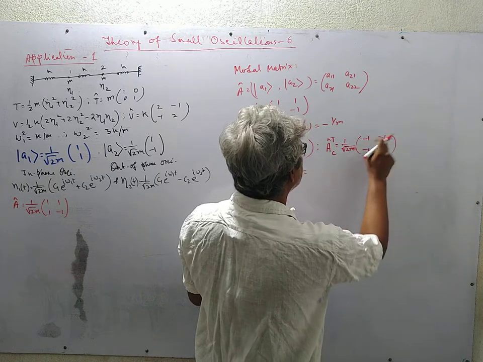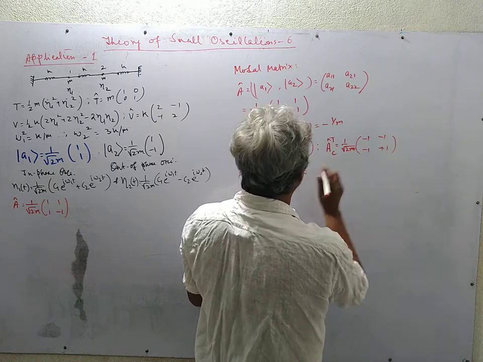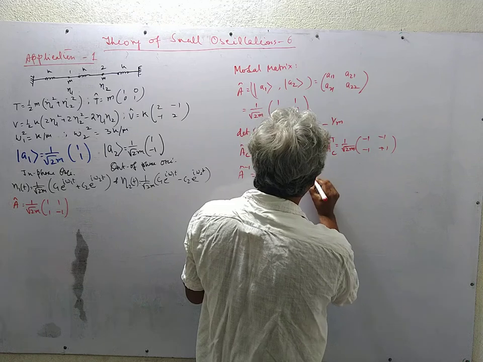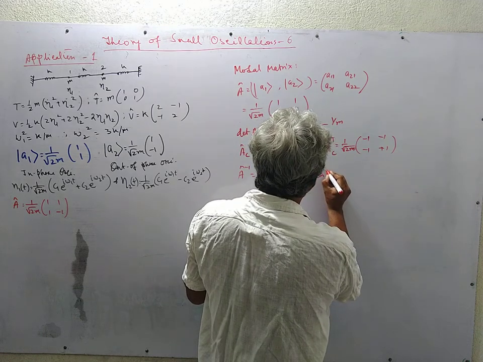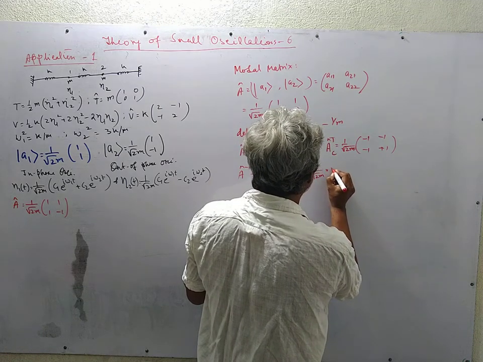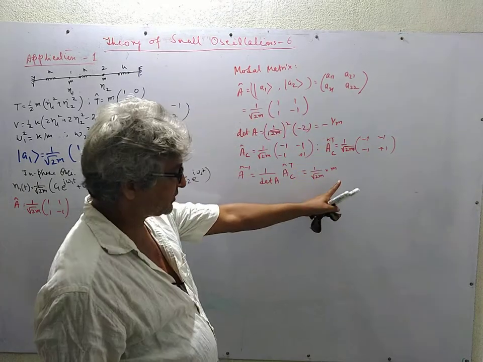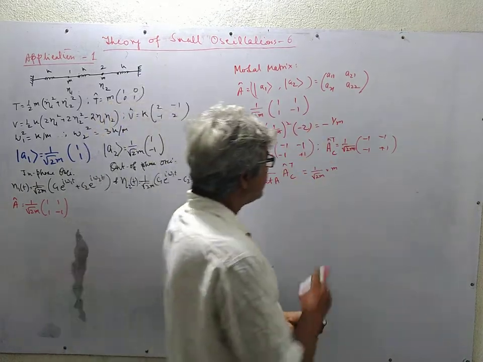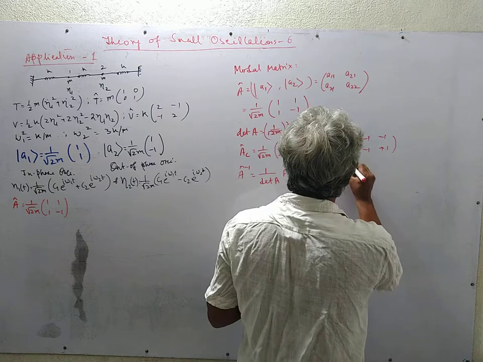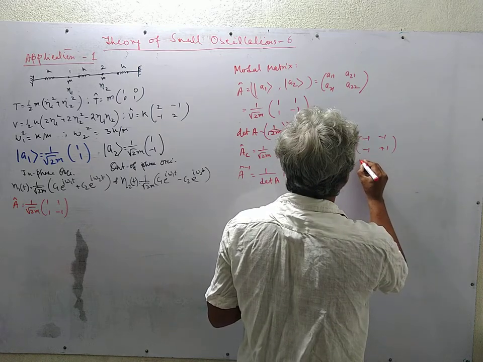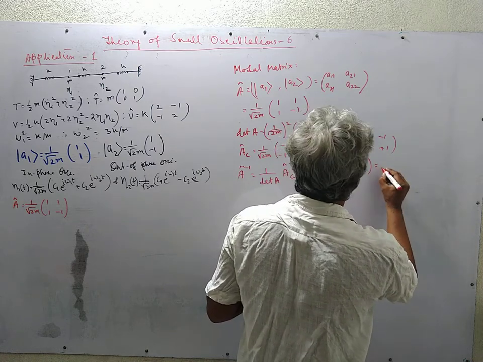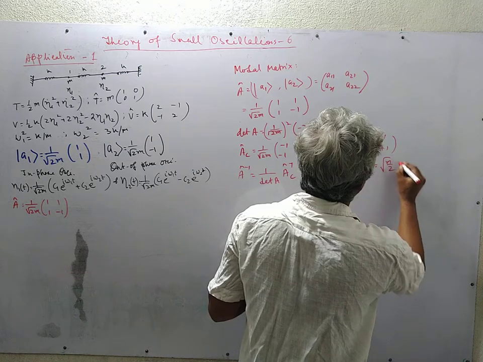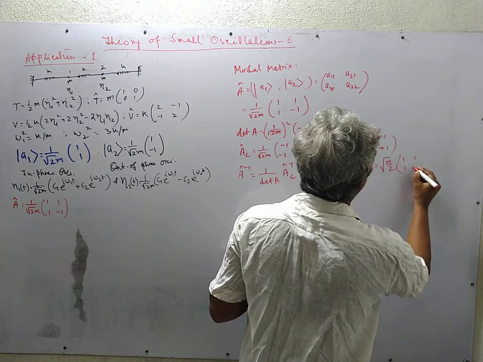So there is a factor, the minus sign will change this accordingly, and the numerical factor is 1 upon 2m multiplied by m, because the 1 by m was in the denominator, and there is a minus sign which makes all these plus. So this is m by 2, 1 1 1 minus 1.